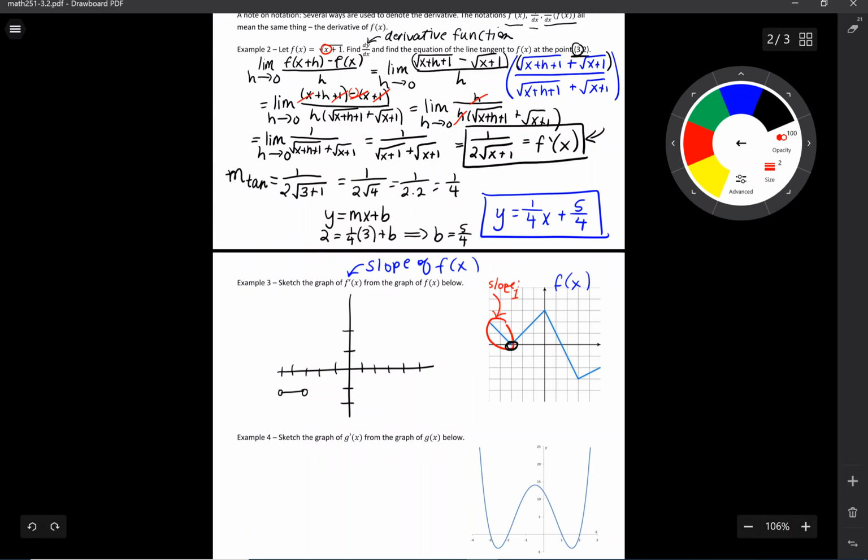Okay, next we have this chunk, and we see that the slope here is +1. So from -3 to 0, my slope is 1. So my y value here on this graph of f prime of x is equal to 1. In this next chunk, my slope is -2.